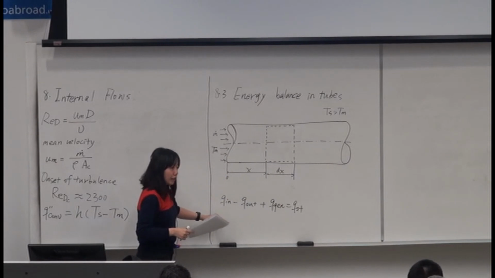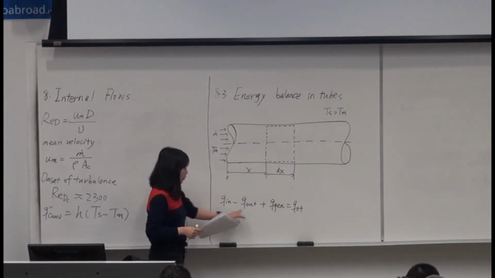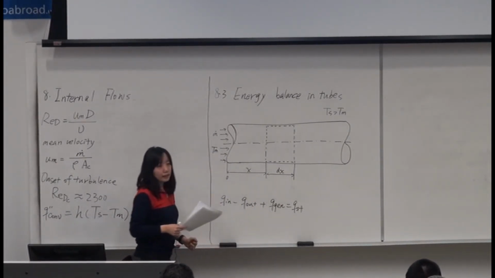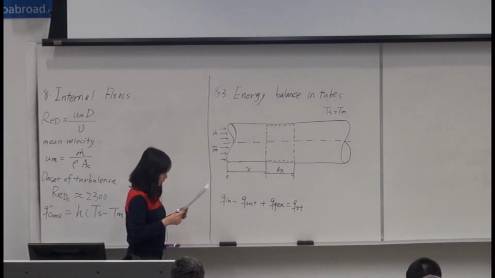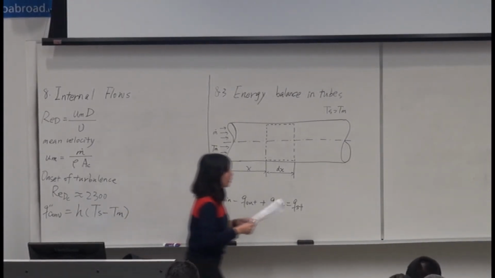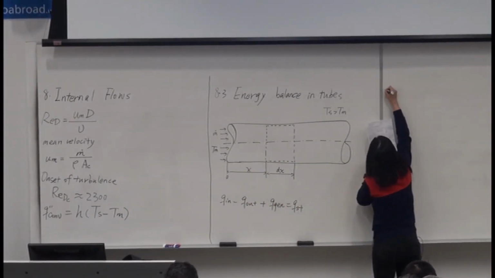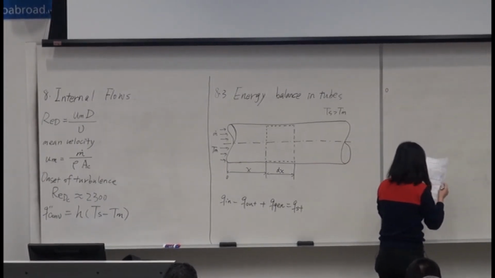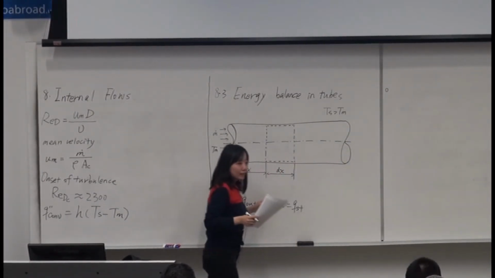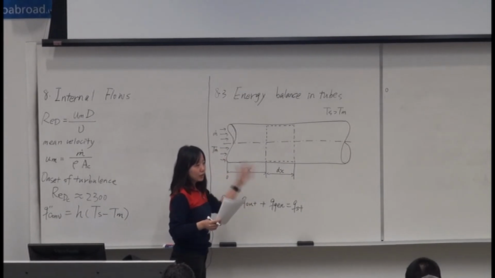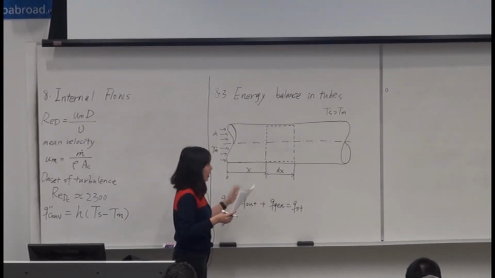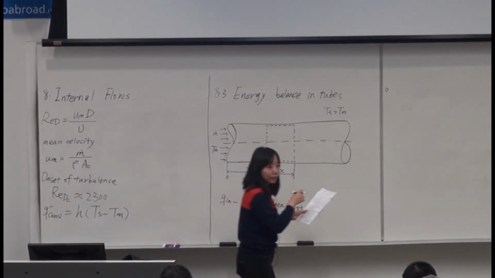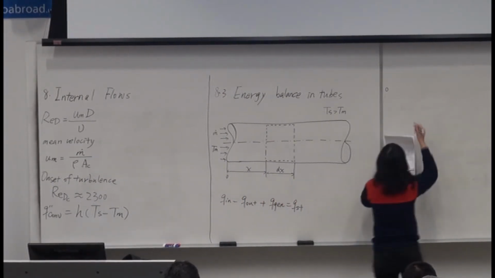The next step is to identify all four terms inside our energy rate balance. To make our calculation simpler, we can make several assumptions. For typical cases such as a heat exchanger, because the tube is long, we can assume it is running at a steady state.